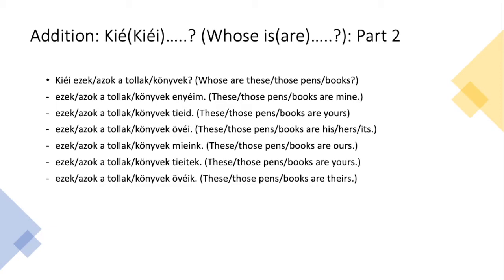Apart from that, what if the objects are in plural form? Then you would have to modify a little bit those words that I showed in the previous slide. So enyém becomes enyéim, tiéd becomes tiéid, övé becomes övéi, miénk becomes miéink, tiétek becomes tiéitek, and övék becomes övéik.